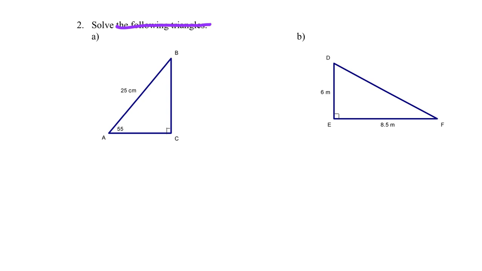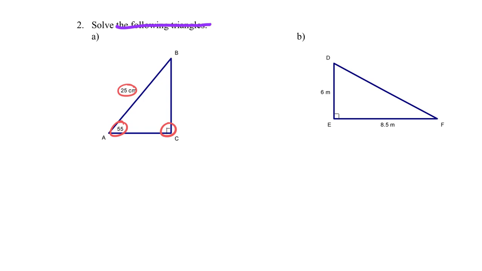To make sure that we're clear, take a look at the diagram in A. You have triangle ABC. What you have been given in the triangle is angle A, angle C, side C. Everything that I just circled in red. What is missing?